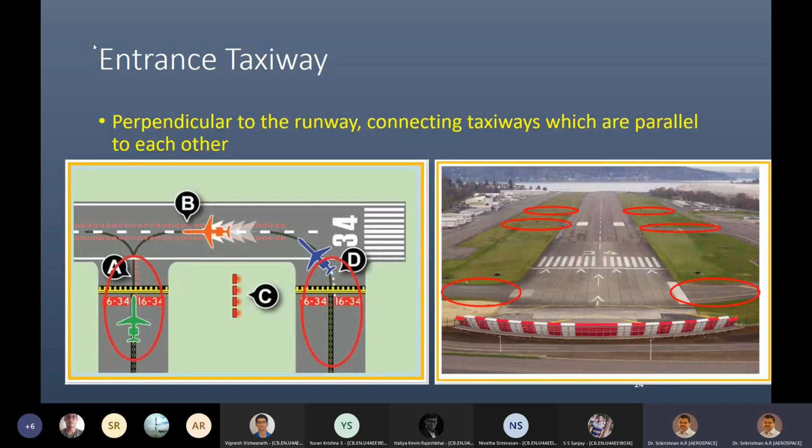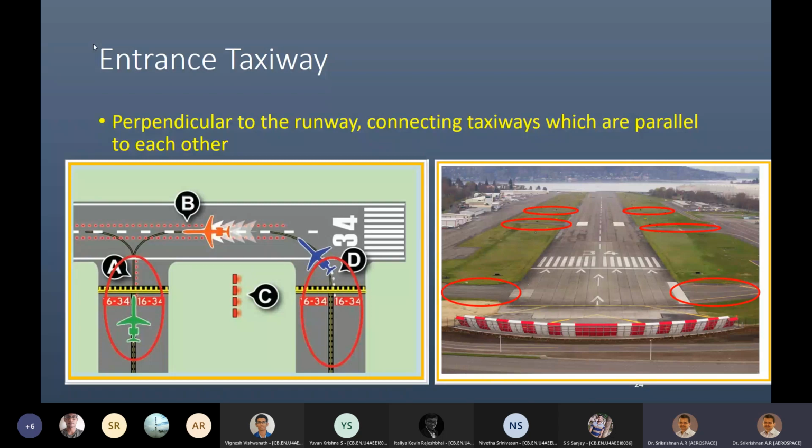Obviously they connect the areas between parking and the runways. Usually, by definition, entrance taxiways will be at right angles. They will be connecting to the runway normally at a right angle.